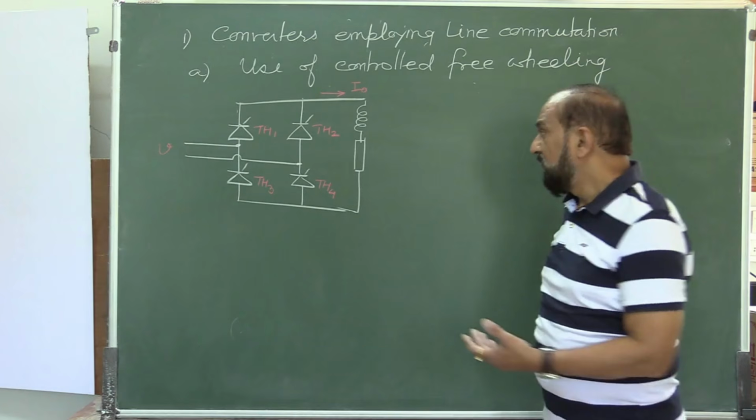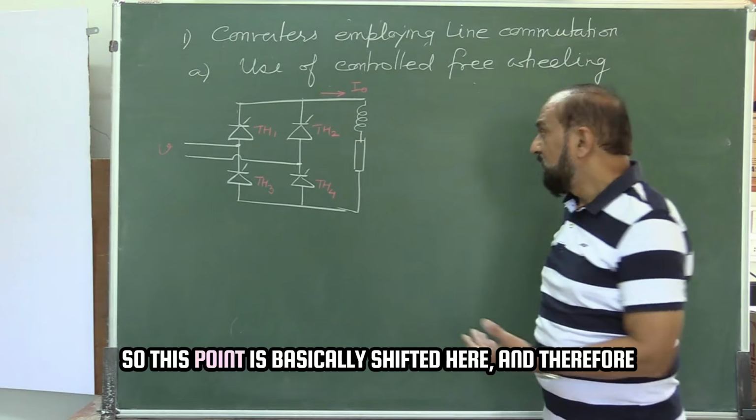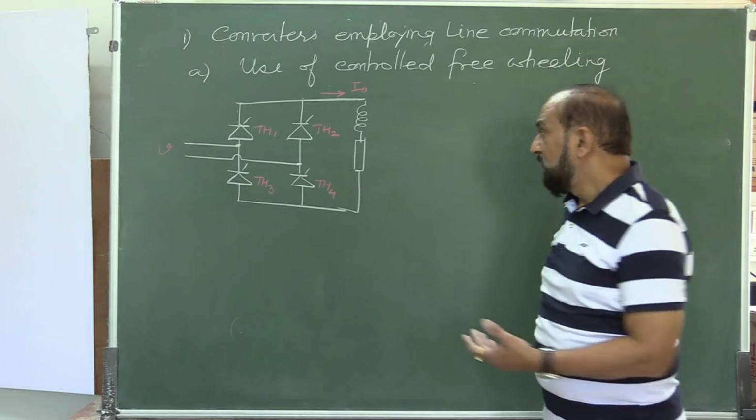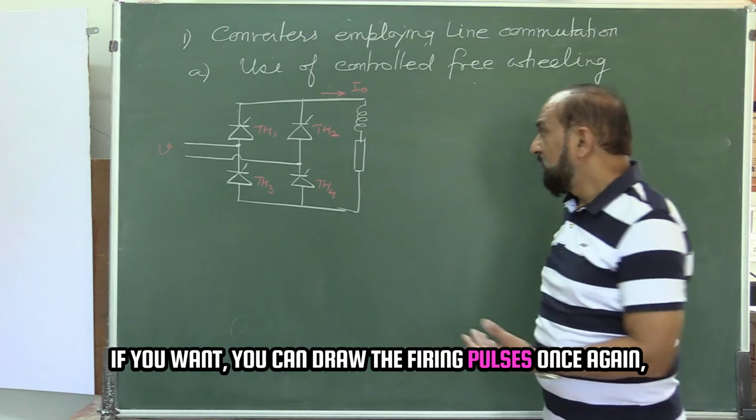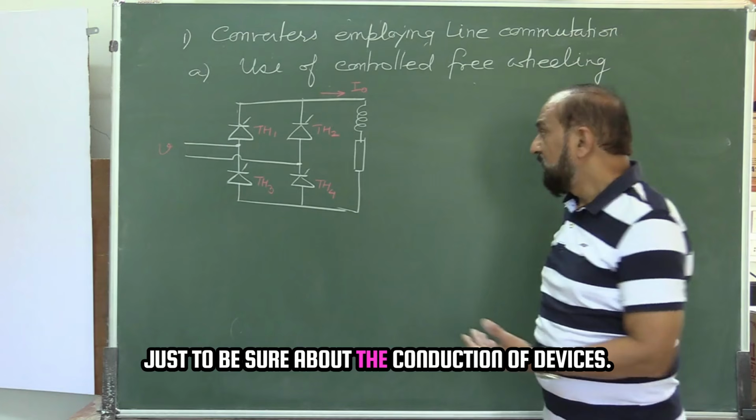What will be the resultant voltage? Alpha 2 is 0, so this point is basically shifted here, and therefore freewheeling action starts right from this point. If you want, you can draw the firing pulses once again just to be sure about the conduction of devices.